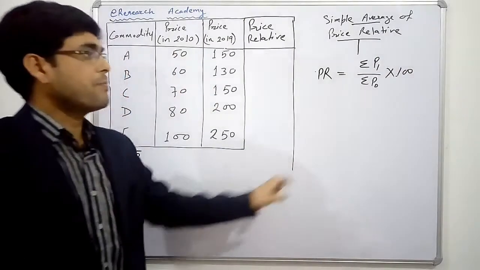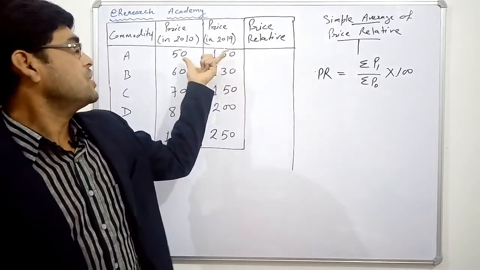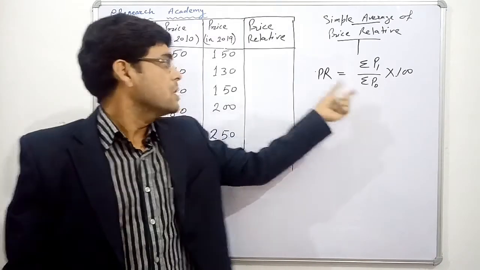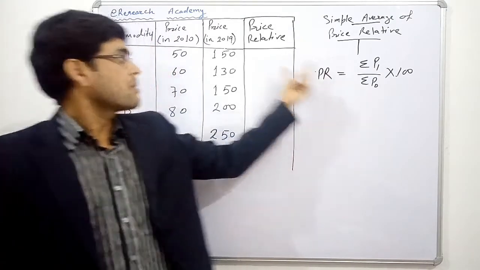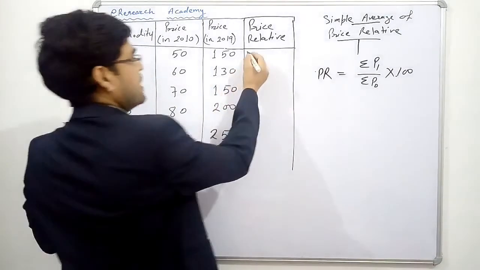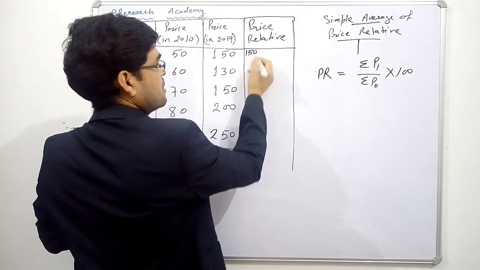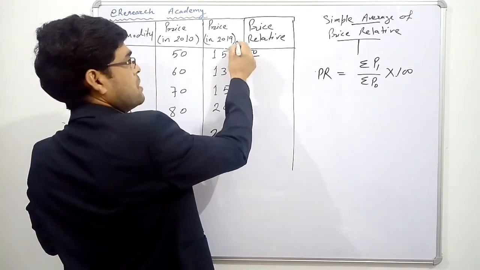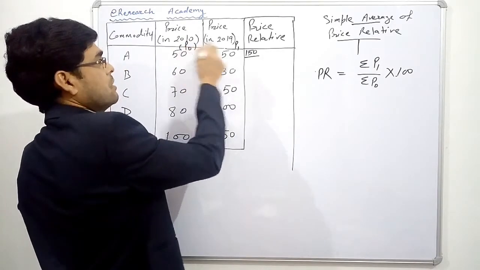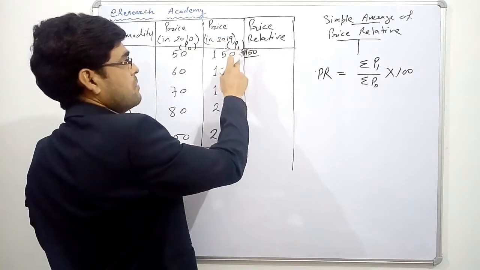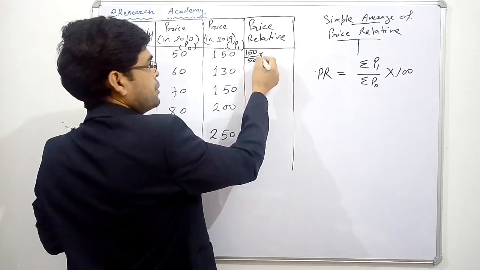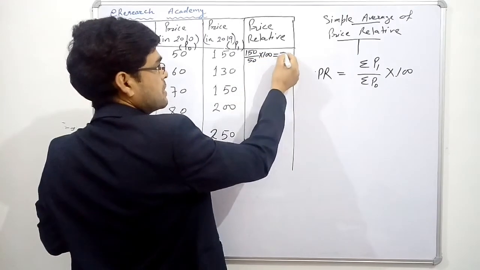This is the formula of price relative, and we calculate it for each commodity from A to E. The price in 2010 is P0 and in 2019 is P1. So 150 upon 50 into 100 gives us 300.